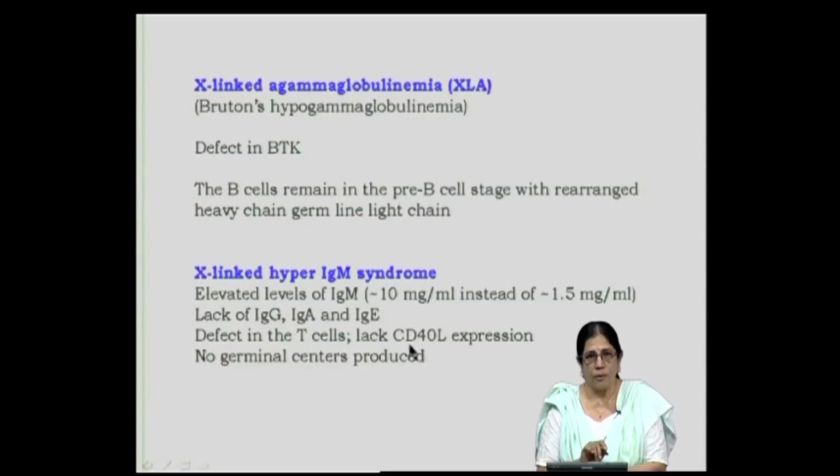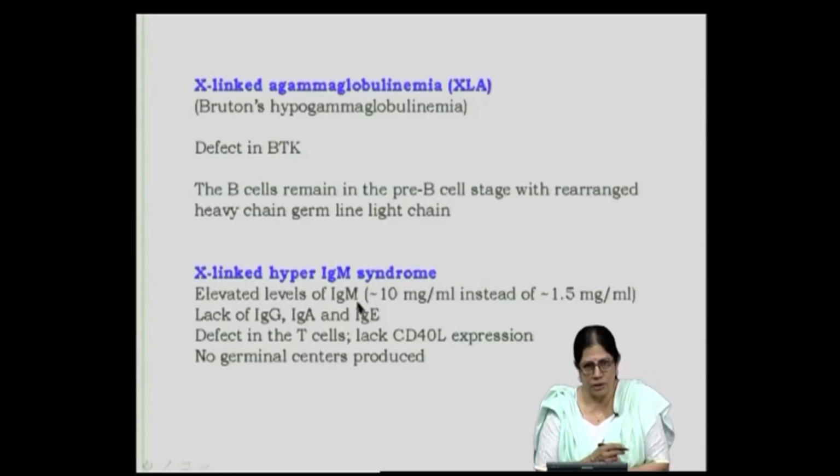Now, this requires the interaction between activated T cells, which express CD40 ligand, which binds to the CD40 receptor on B cells, and this is what gives the competence signal to B cells. If there is no CD40 receptor interaction, then there is no isotype switching. In fact, there is no memory cell generation, no isotype switching, and therefore, these individuals would make only IgM.